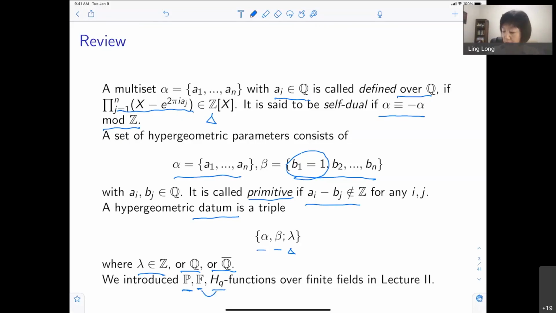The difference lies in that the HQ function can be extended, getting rid of the assumption on q, the size being 1 modulo the LCD, least common denominator. So this condition you can get rid of, so you don't need this assumption for the HQ function when alpha, beta are defined over Q. Okay.